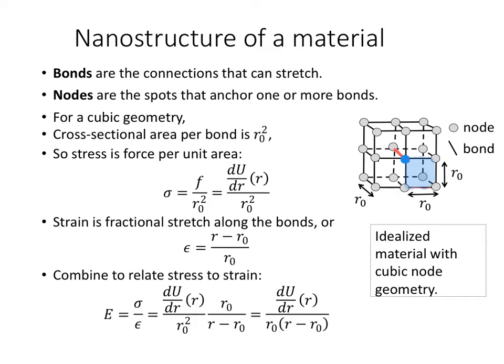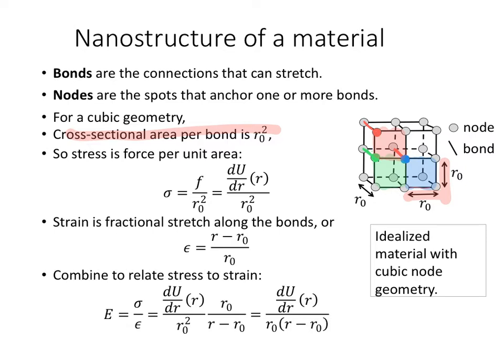So let's assign the rest of this box to the lower left of it to that node, just as we could assign this area to this bond ending in the green node, and this area to the bond ending in the red node, etc. And in this way, each bond is then assigned to this little square that has dimensions R naught by R naught. That is, the cross-sectional area per bond is R naught squared.